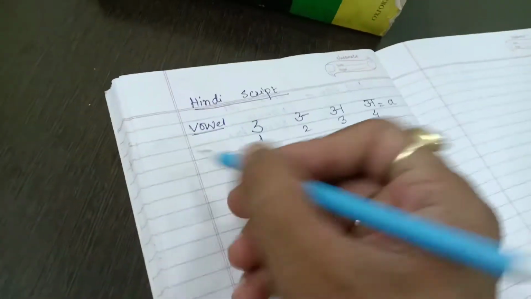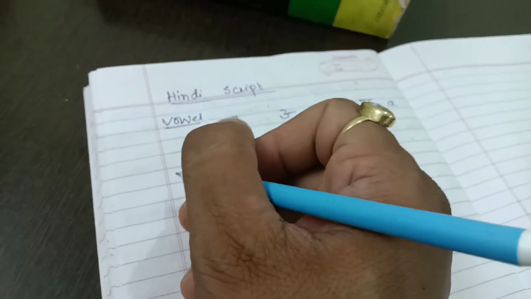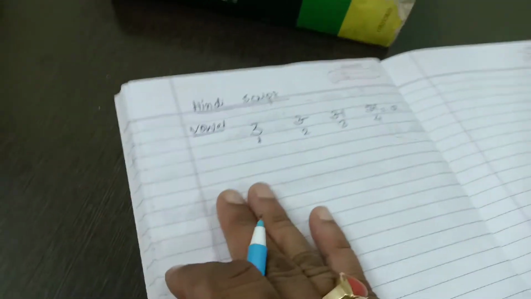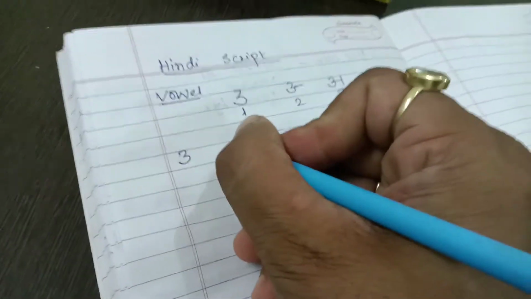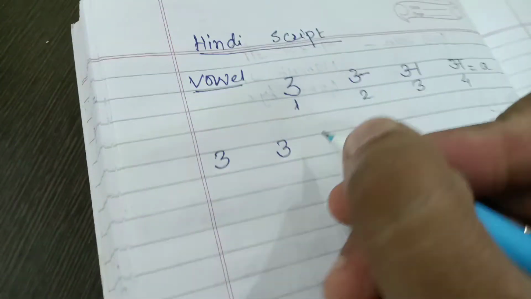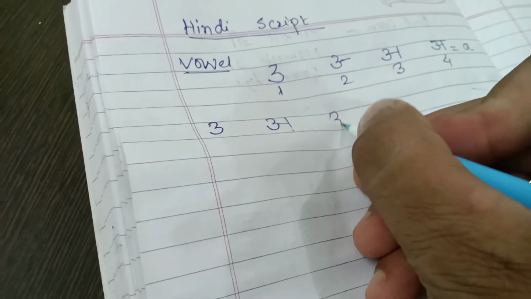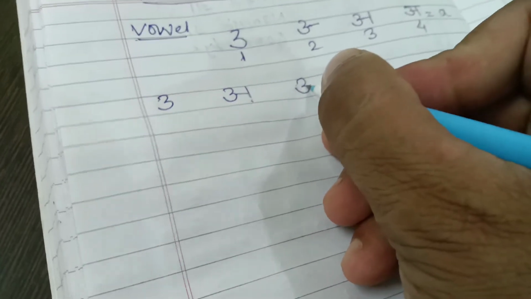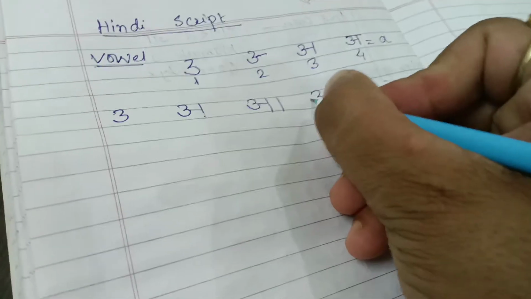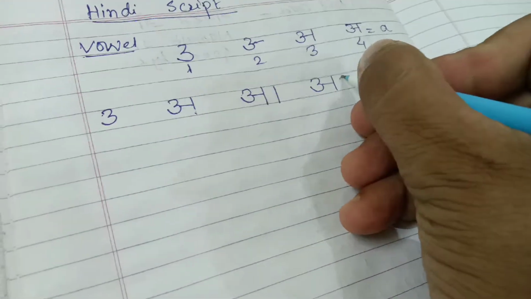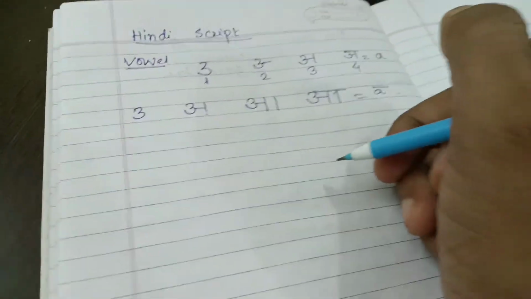Okay, so the next one is Aa. You have to open your mouth widely. I will show you how to pronounce the letter. So the second letter is written in 1, 2, 3, 4 steps, and this is Aa.